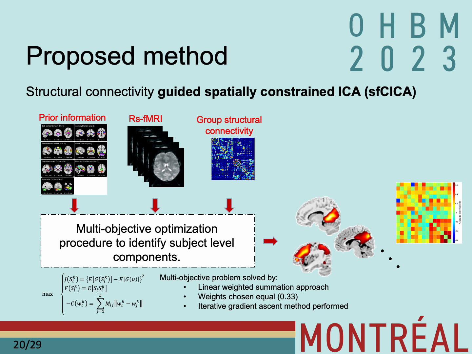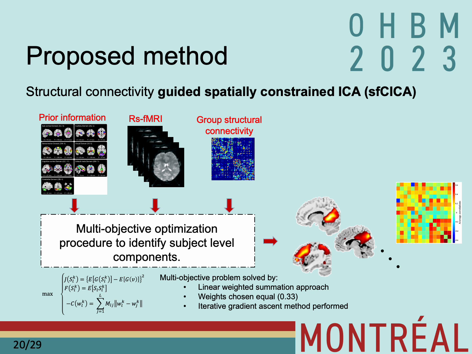After estimating structural connectivity at the group level, to determine the individual level components, we have a multi-objective problem as shown here. It has three inputs: prior spatial information, preprocessed resting state fMRI, and group level structural connectivity, and three main objectives as described before, which can be seen below in the main formulation.